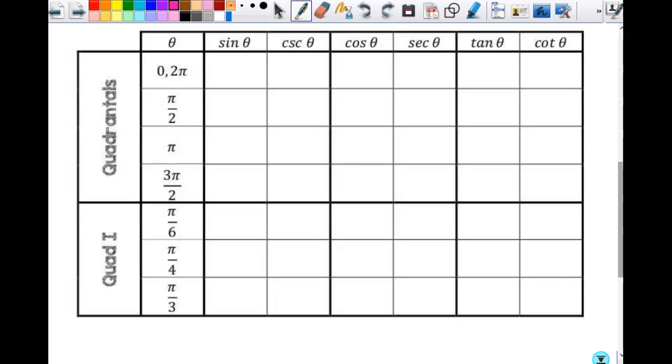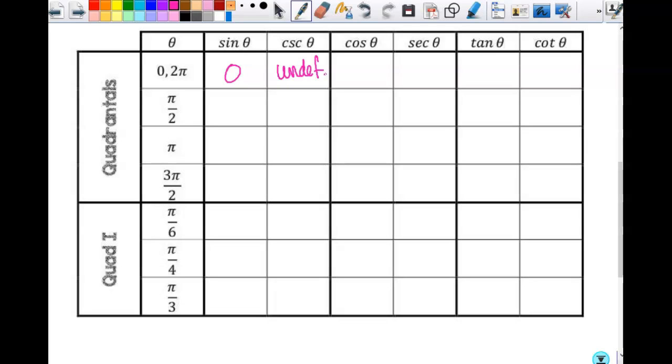For 0 or 2 pi, your sine value is 0. Thank you. It is 0. Then what is the reciprocal of 0? No, undefined. So the cosecant then is undefined because 1 divided by 0 is undefined.